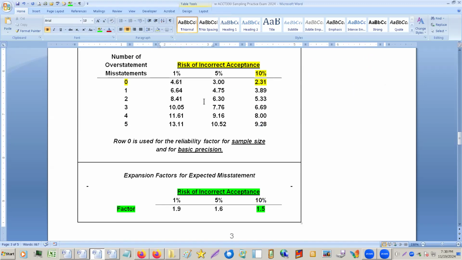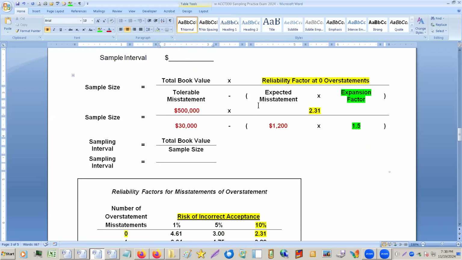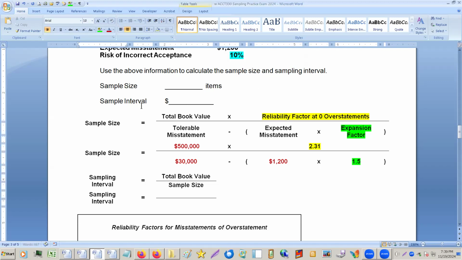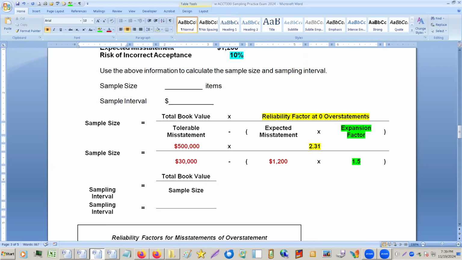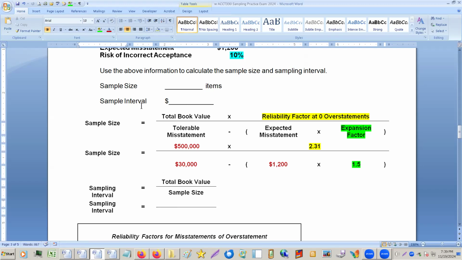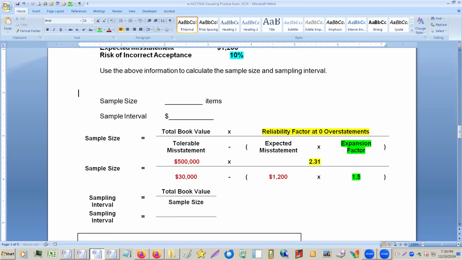All right, well, let's take a look here. I'll do it up here. So our sample size, so we have 500,000 times 2.31.